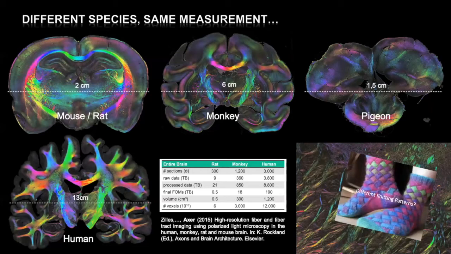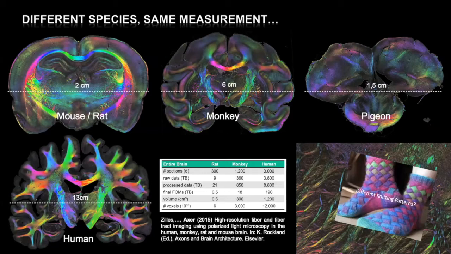So we already applied PLI technology to a couple of species. Here are just a few. So of course, mouse, rat brains are always the starting point for most of us. We have looked into monkeys, vervet monkey brains, human, of course, and also bird brains, like the pigeon here.